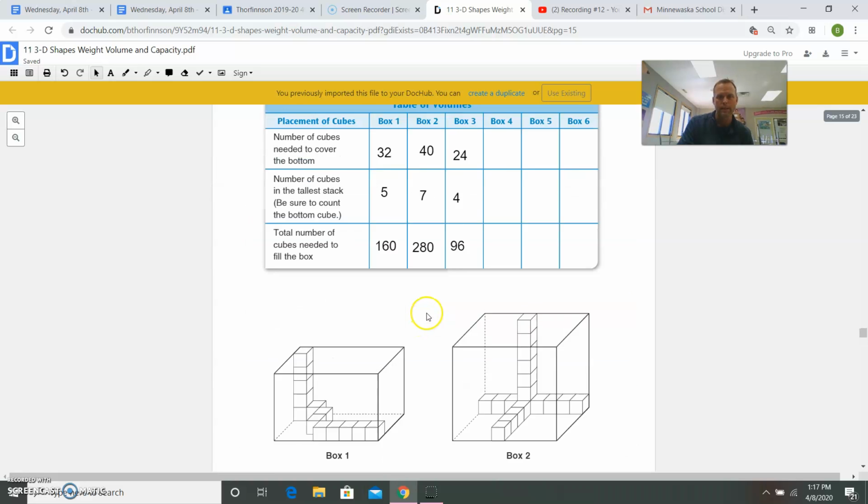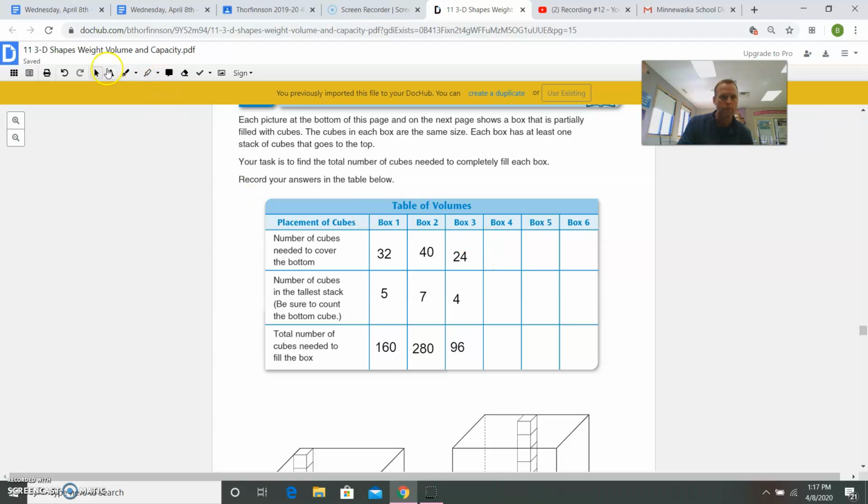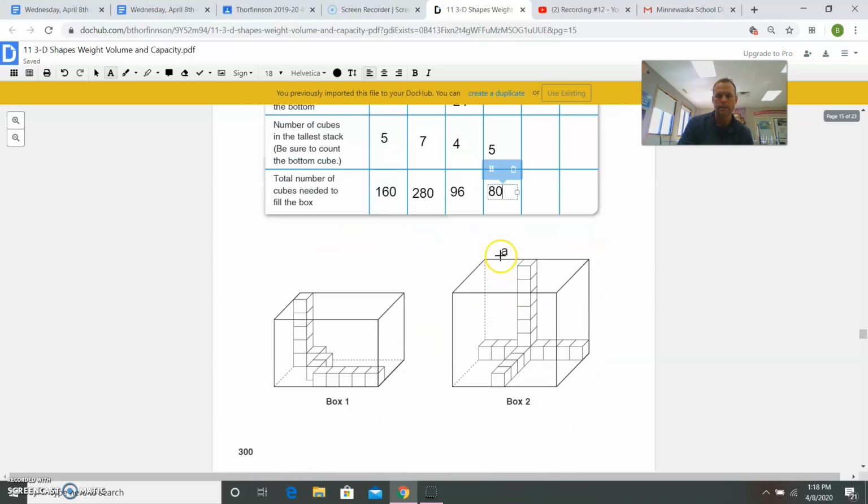So we have 16 to cover our bottom, and we said there were 5 going to the top. Then if we multiply 16 times 5, we get 80.